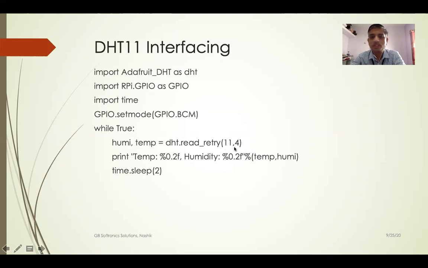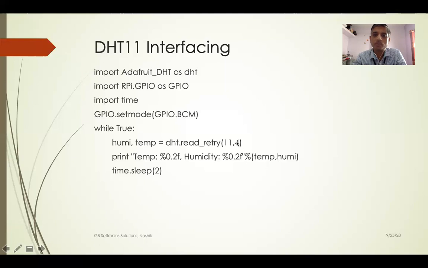The second argument is important: it is the pin at which you have connected the DOut pin of your DHT. We have connected it to GPIO4. Why GPIO4? Because I am using the BCM configuration of the GPIO layout.